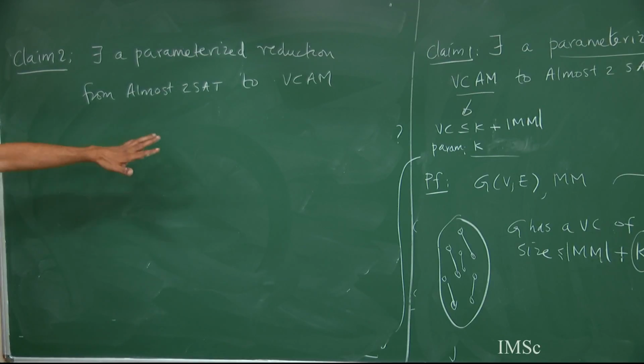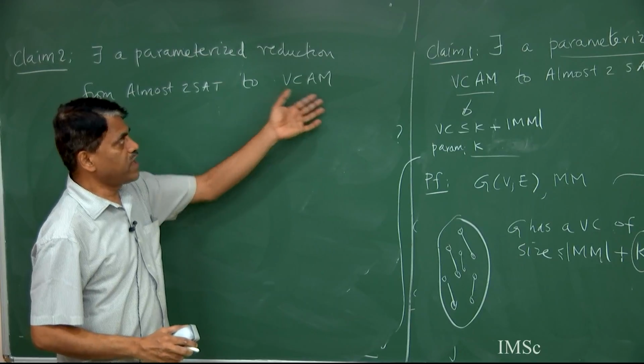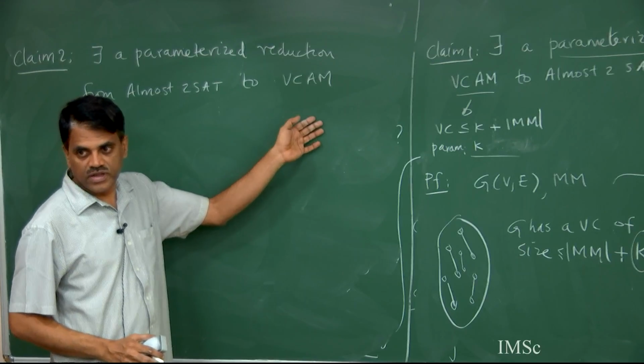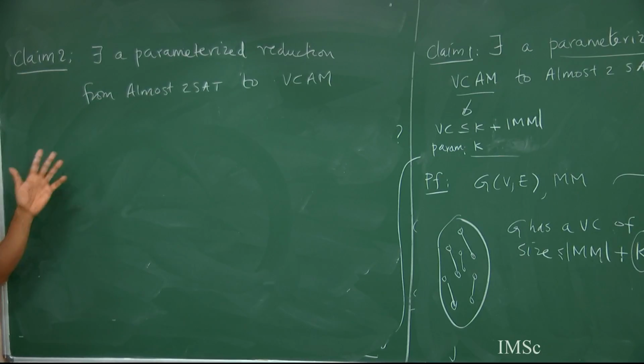Here k will go to k. So then I can use my 4 power k FPT algorithm here to get a 4 power k FPT algorithm for almost 2-SAT.